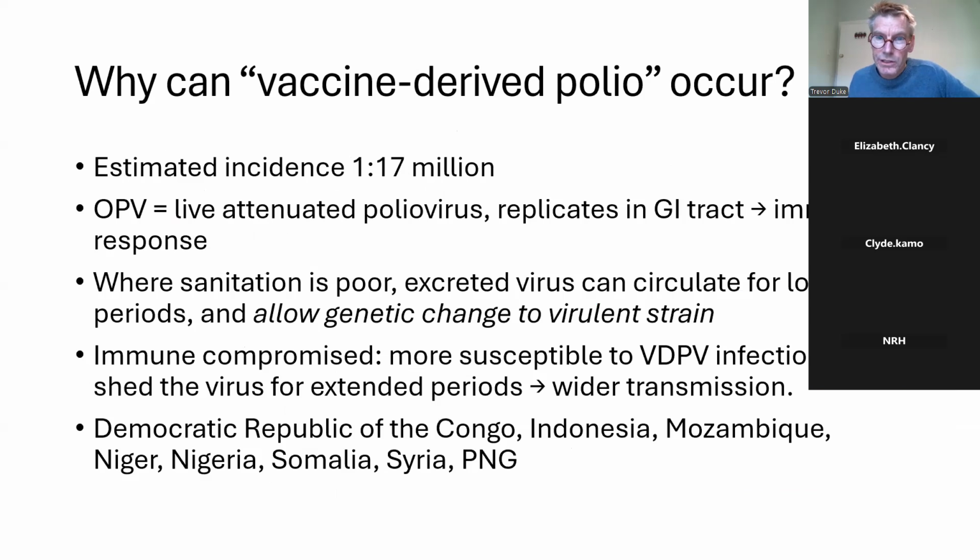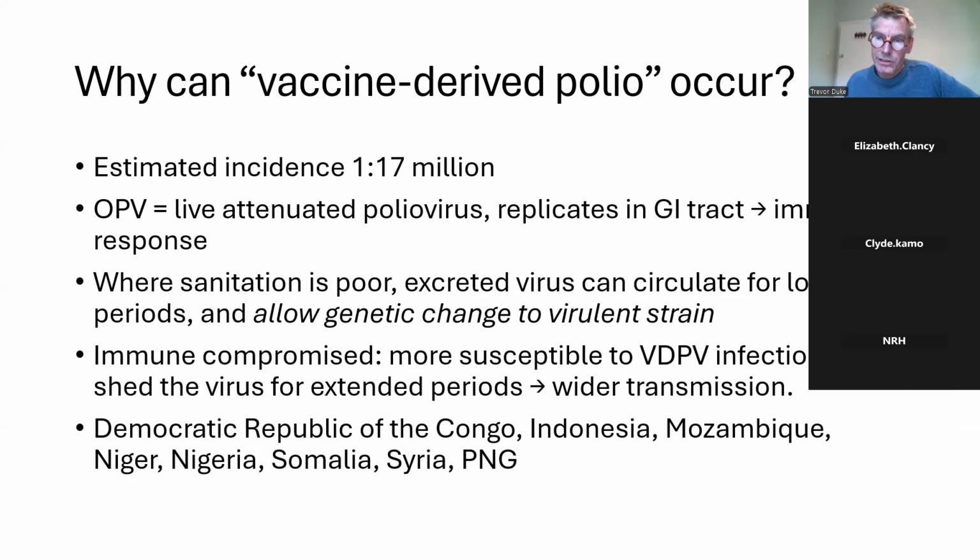I've mentioned before why this so-called vaccine-derived polio might occur, and the incidence, 1 in 17 million doses of the vaccine. But in fact, it's not the vaccine dose that causes it. It's the low coverage. It's the circulation of the excreted virus in the community.